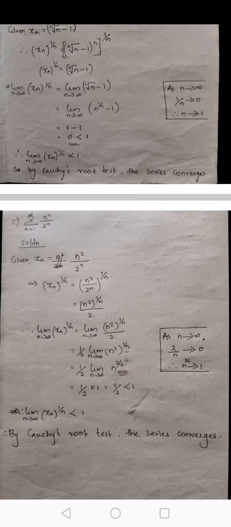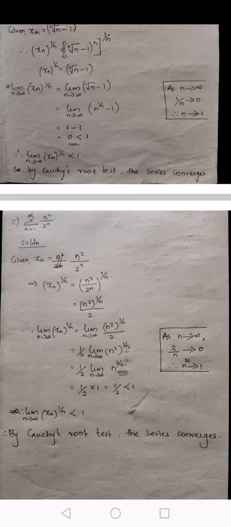We apply the limit n tends to infinity, xn raised to 1 by n is equal to limit n tends to infinity n raised to 2 by n by 2, and the equation becomes 1 by 2 limit n tends to infinity n raised to 2 by n.